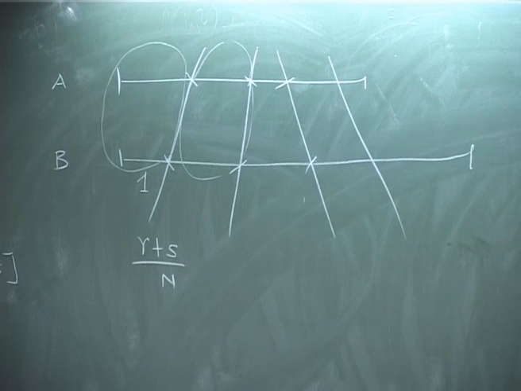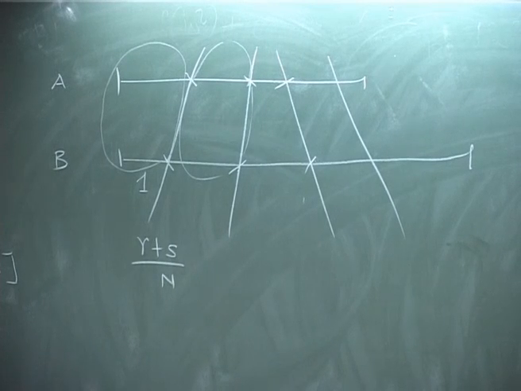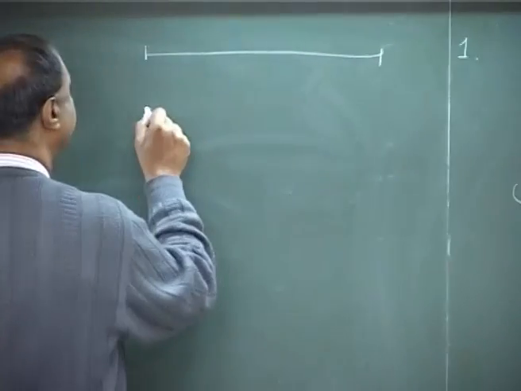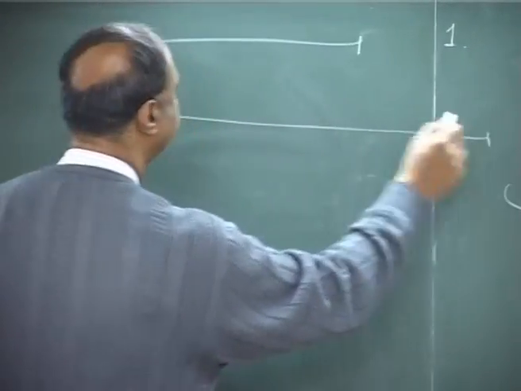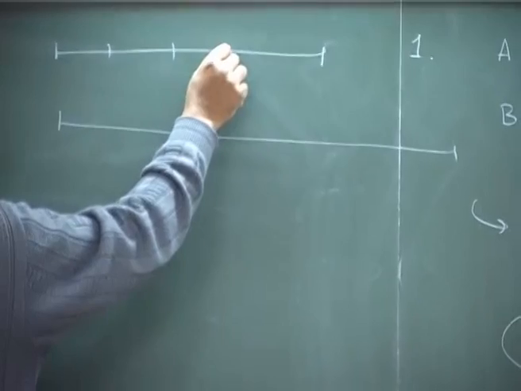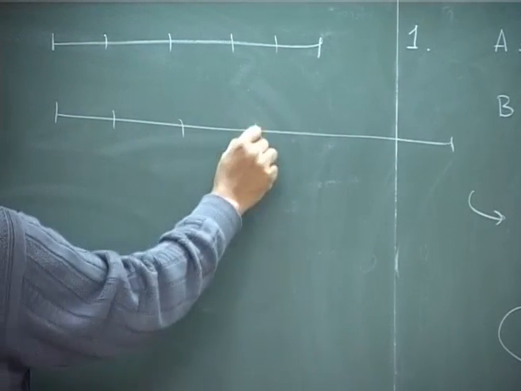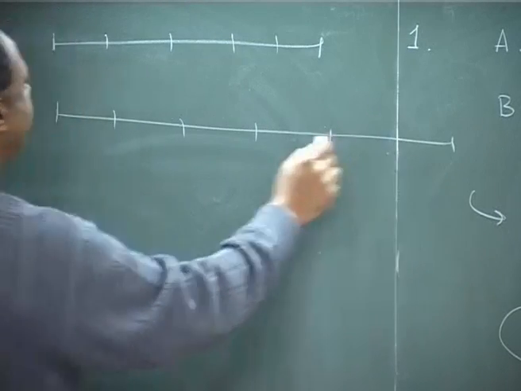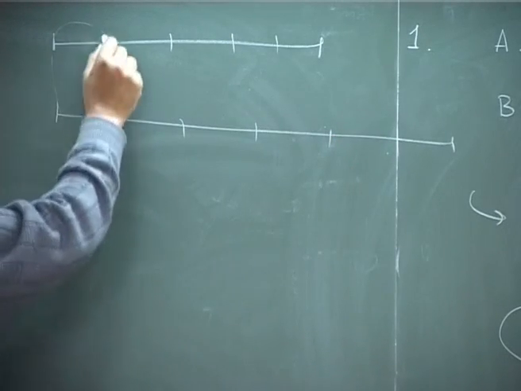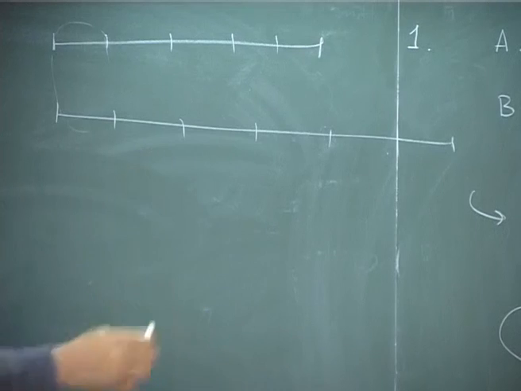But if I divide into exactly n groups of equal size, even if I can merge them, that may not give you the sorted sequence, because this element may be larger than those elements. So exactly this will not help you.